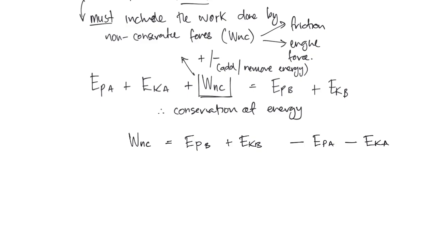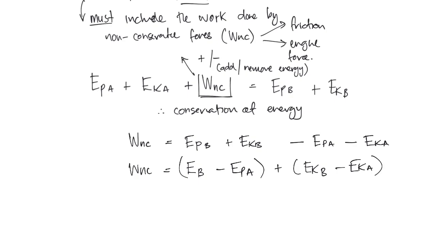So looking at that kind of situation, I've got work non-conservative is equal to my EP at point B minus my EP at point A plus my EK at point B minus my EK at point A. And that can all be simplified into a formula saying that work non-conservative is equal to the change in EP plus the change in EK.